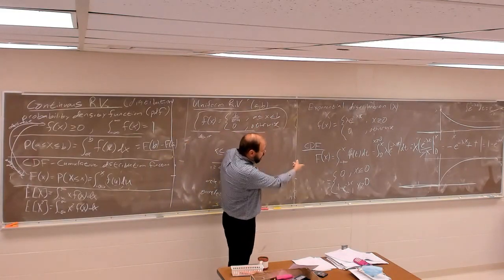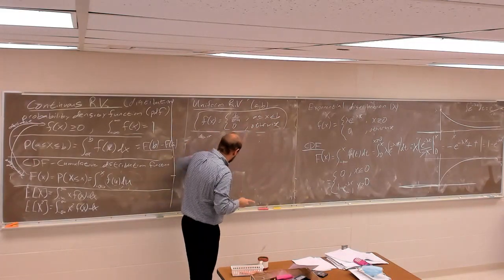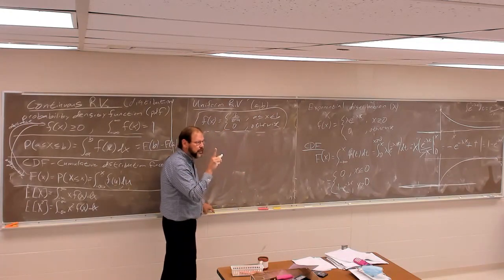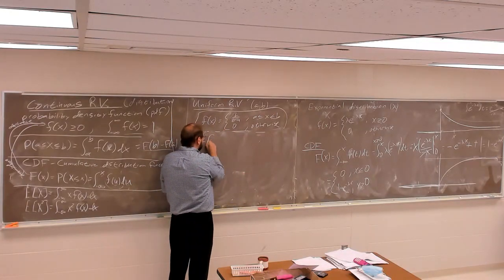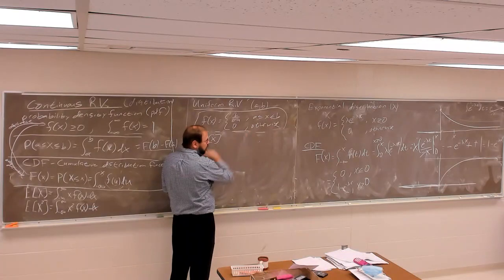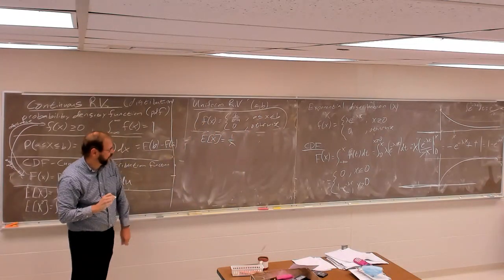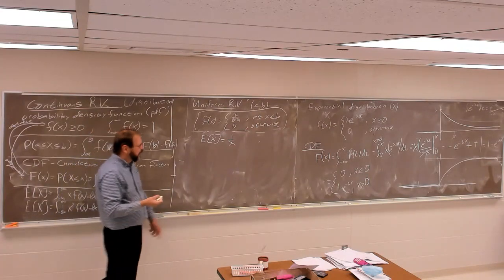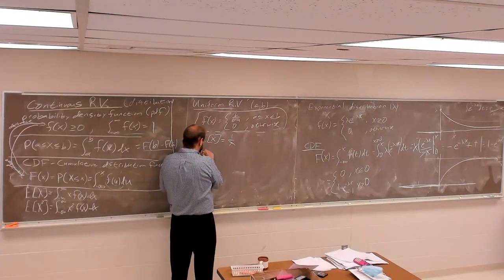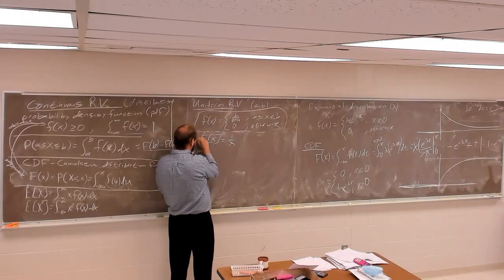Okay. So if we wanted to now, I'll just tell you the expected value of that will be 1 over lambda. Okay. But if we wanted to, we could calculate the median. That's what we'd call the mean. Okay.